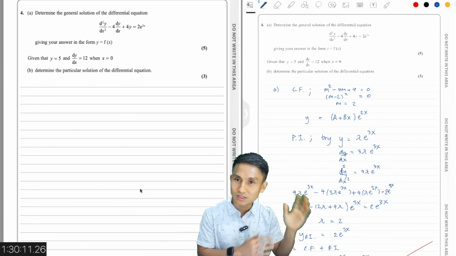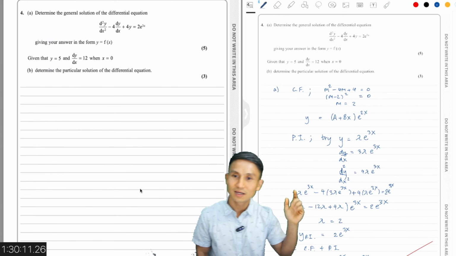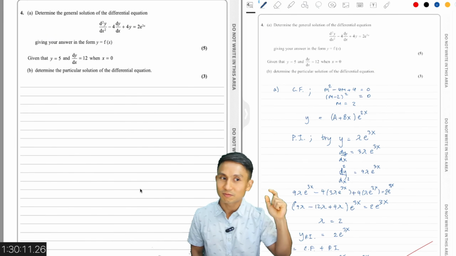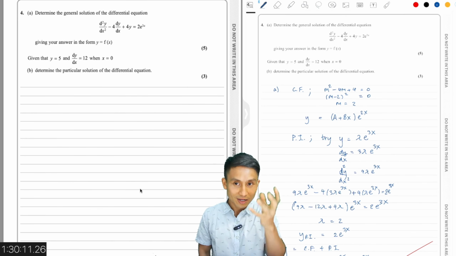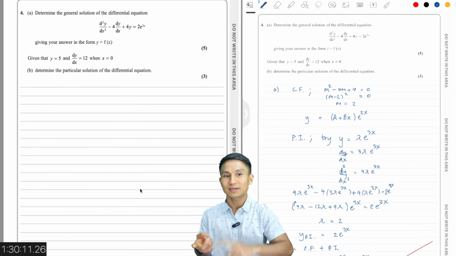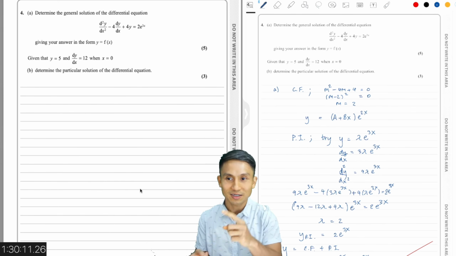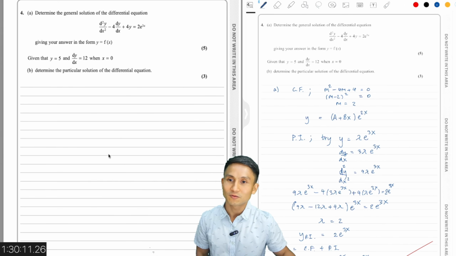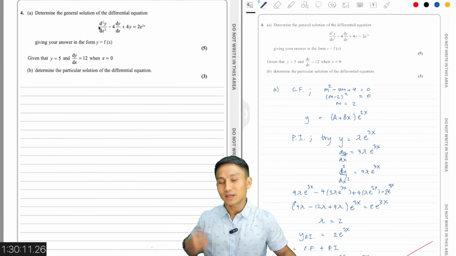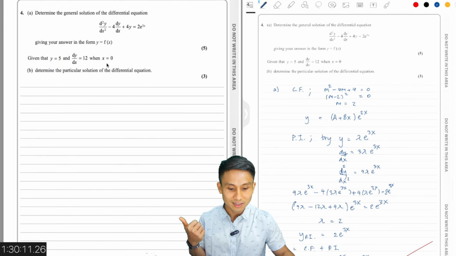But if there's a non-zero function of x there, then you need to find the particular integral first. There are cases you need to learn, like the linear case, the cos and sine case, the exponential case. Make sure you go through all of those. And the steps here, we need to find the complementary function first, and this is a repeated root.